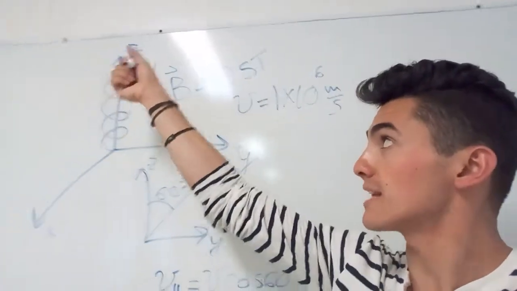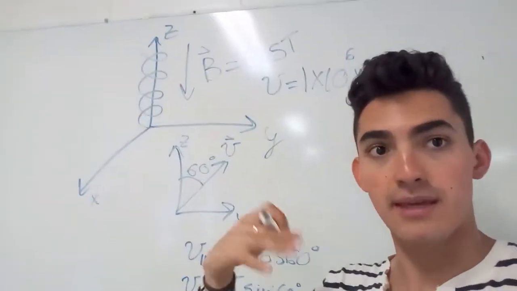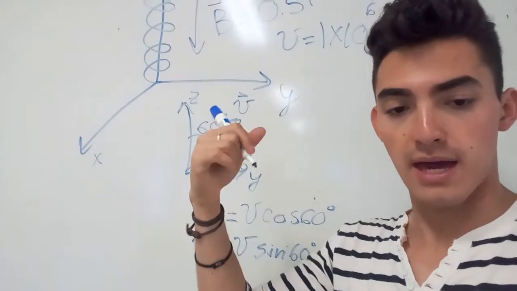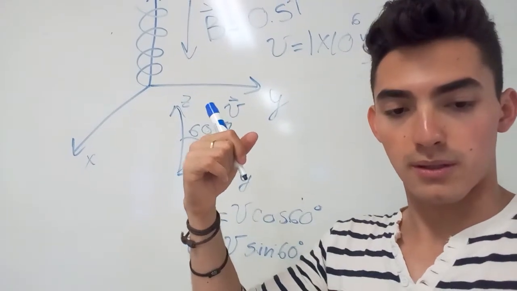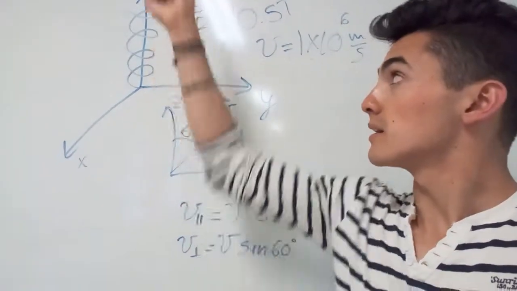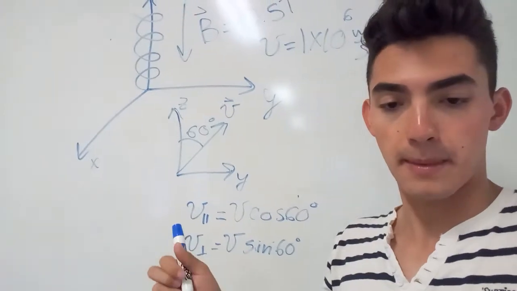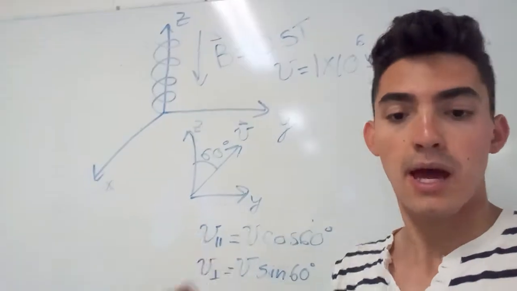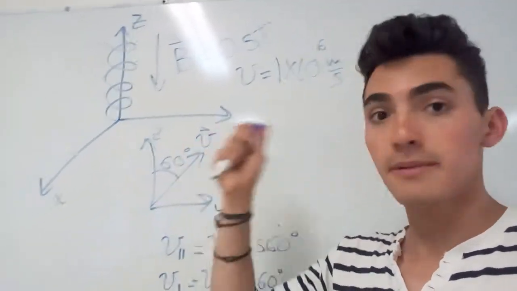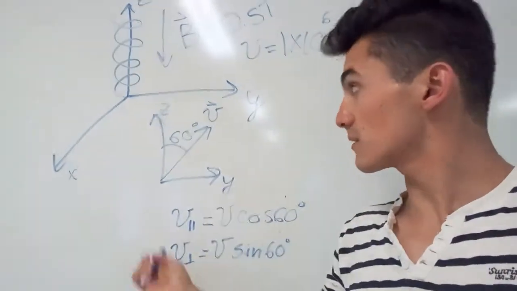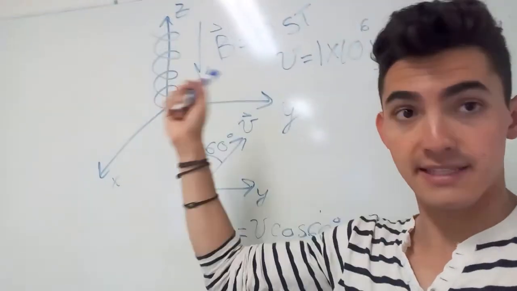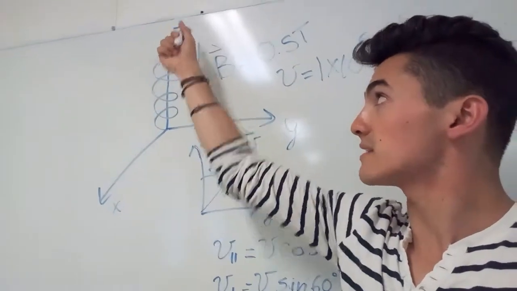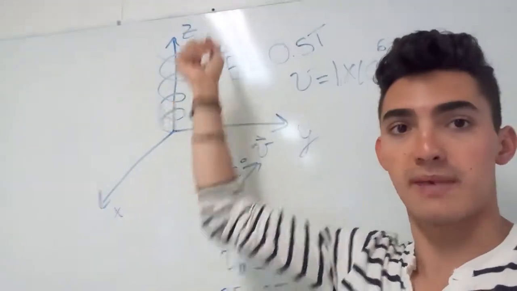Okay, once we know this, we can describe the motion of the proton. When the proton enters the magnetic field, the velocity parallel to the z-axis is not affected because it's constant, but the perpendicular velocity will be affected by the magnetic field because it's not entering along the magnetic field.